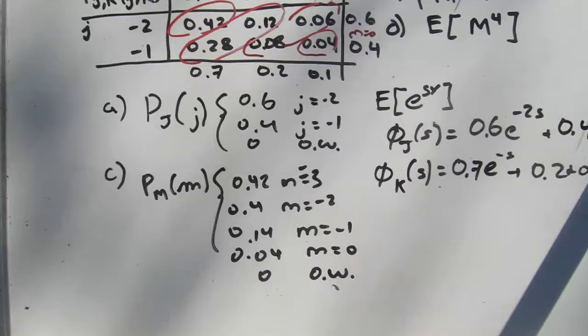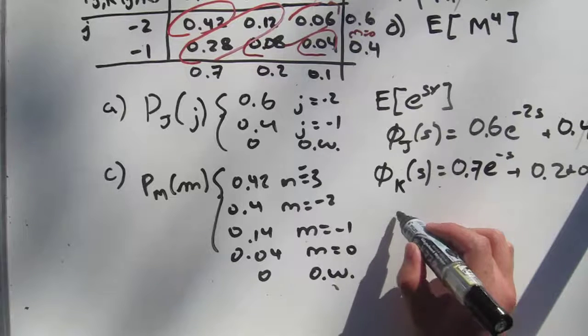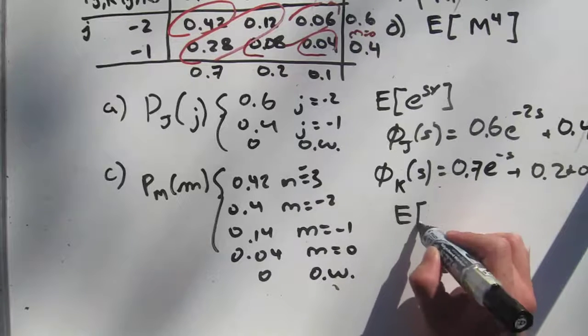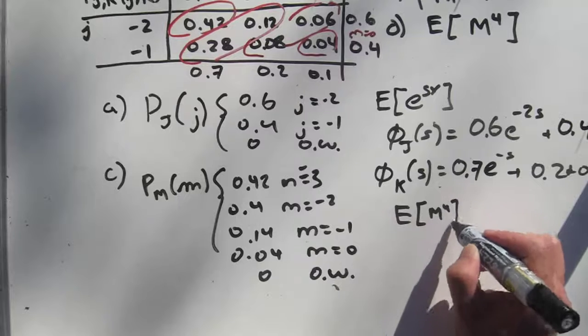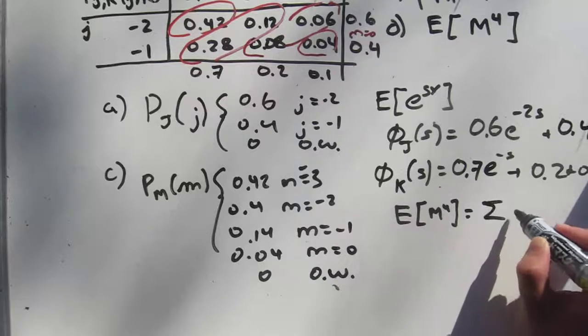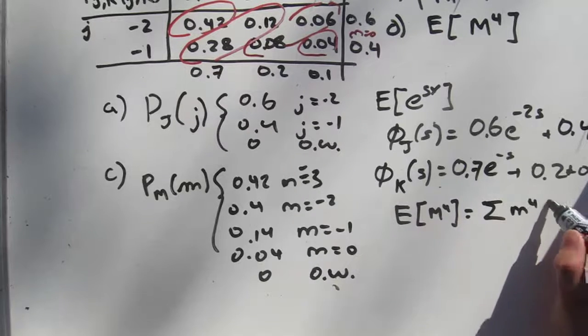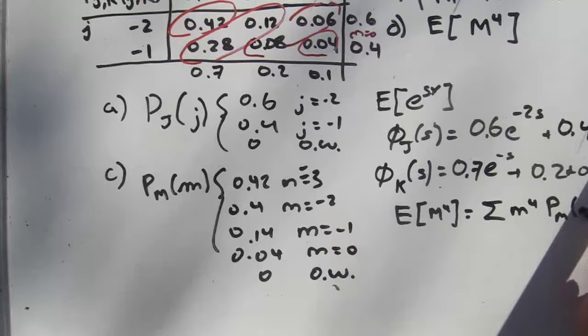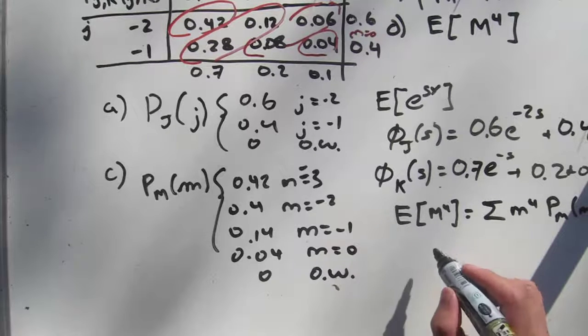And now we can try to get the expected value of m to the fourth. And that is just, we can solve this directly instead of using the moment technique, because it's actually a lot easier.